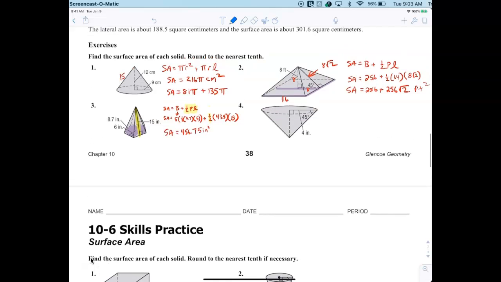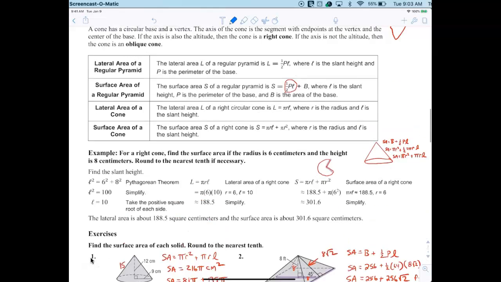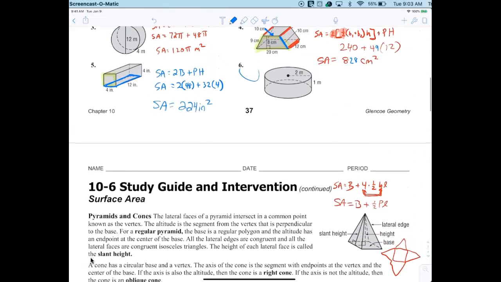Did we do number 4 yet? So I want you to do number 4. That'll be the only assignment. Number 4 and number 6. 2 problems. Get busy on 4 and 6. Then just make sure when I ask you tomorrow what the surface area is, you kind of rattle off the formula. All right? That's it.